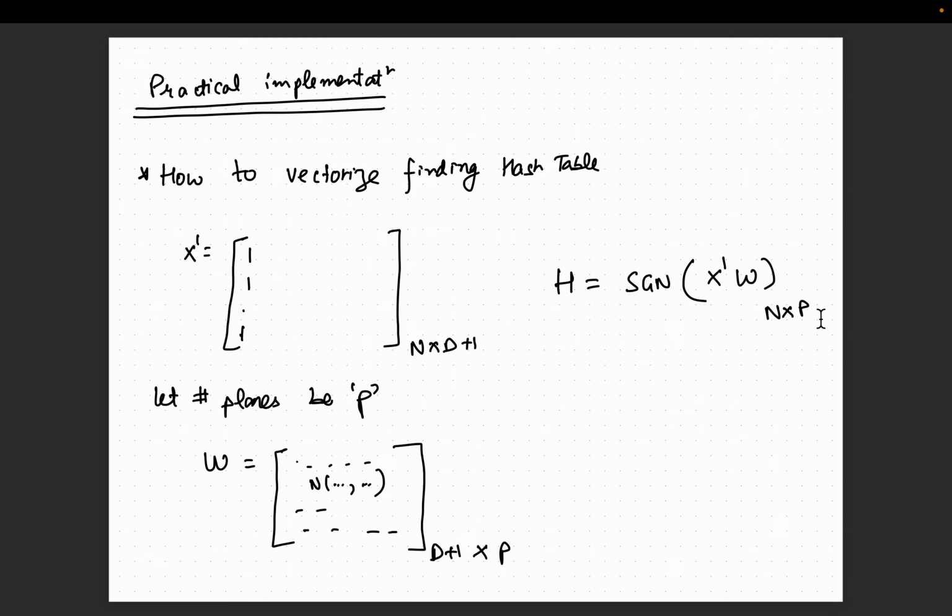Even from a shape analysis you can figure this out. I have generated this W matrix using the normal distribution. So I get an n cross d dimensional augmented input matrix and a d cross p dimensional projection matrix. When I multiply these, I get an n cross p projected matrix, and correspondingly I can get the sign from it and I get my hash code.